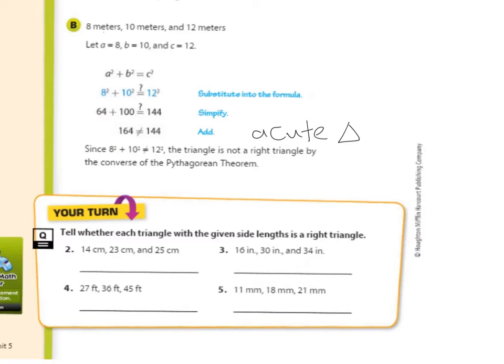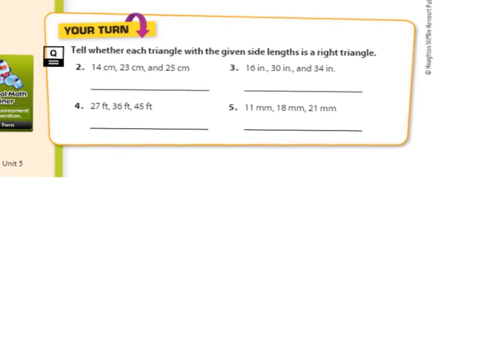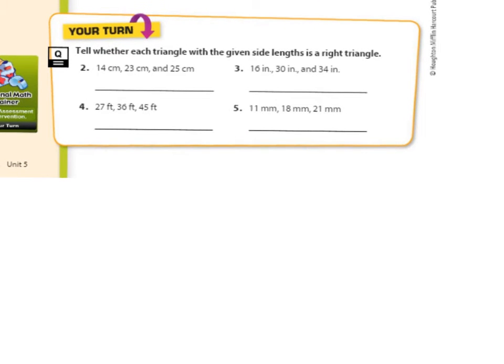So we're going to go ahead and take a look at the Your Turn questions. Bring this up so we have some room down below. And so we've got 3 side lengths. We're going to plug it into our Pythagorean theorem. So 14 squared plus 23 squared equals maybe 25 squared.